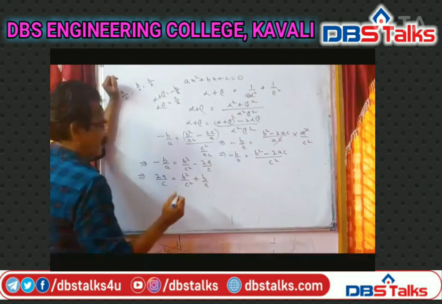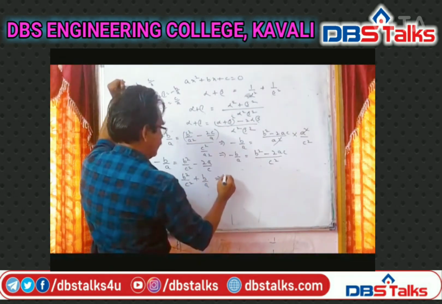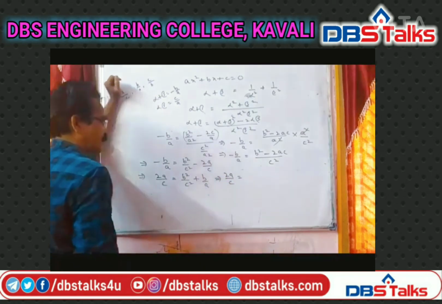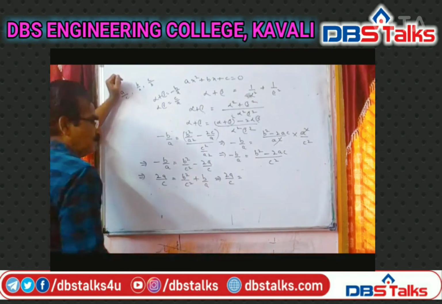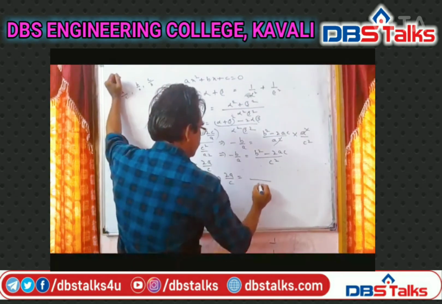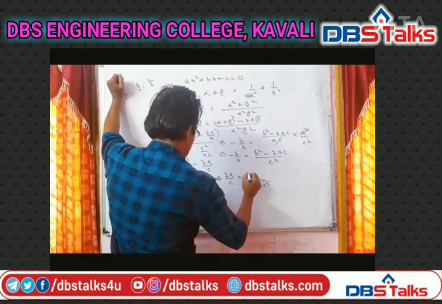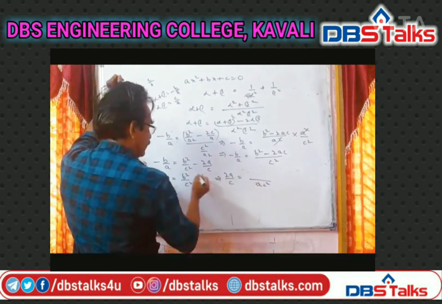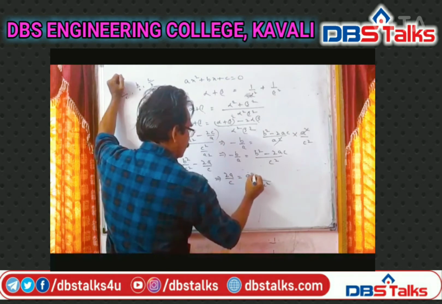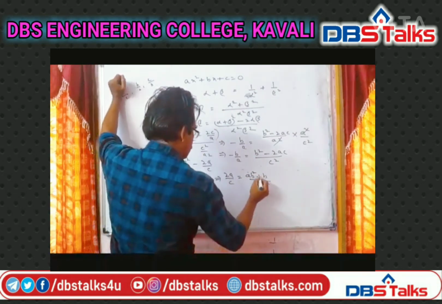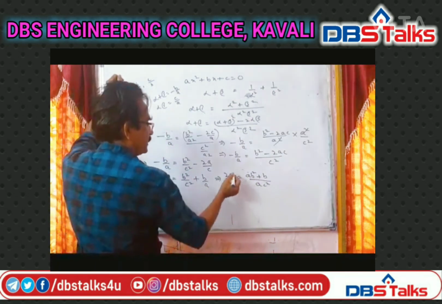Okay, friends, this implies 2a by c is equal to, LCM ac square, ab square plus bc square. Right, friends?